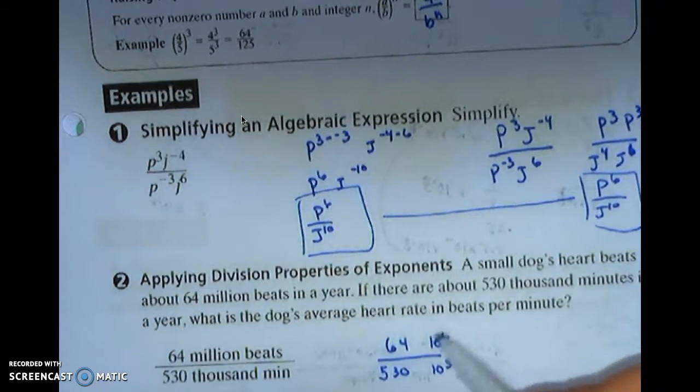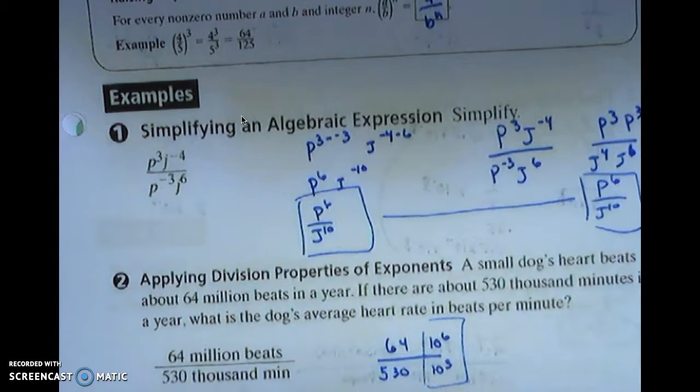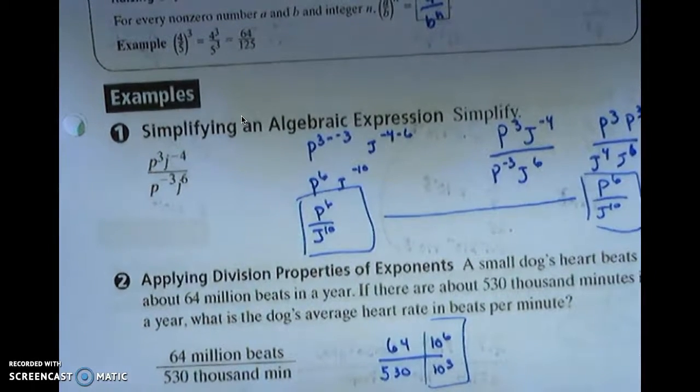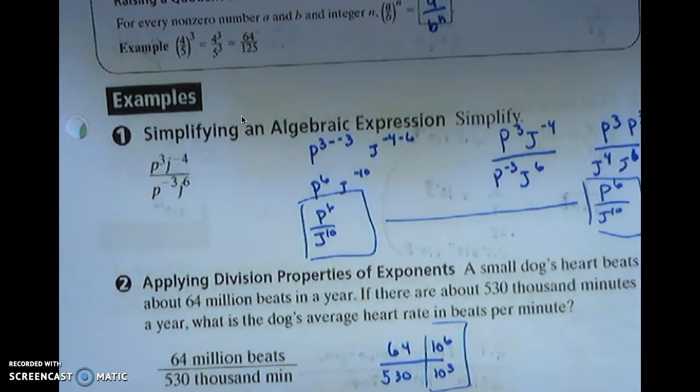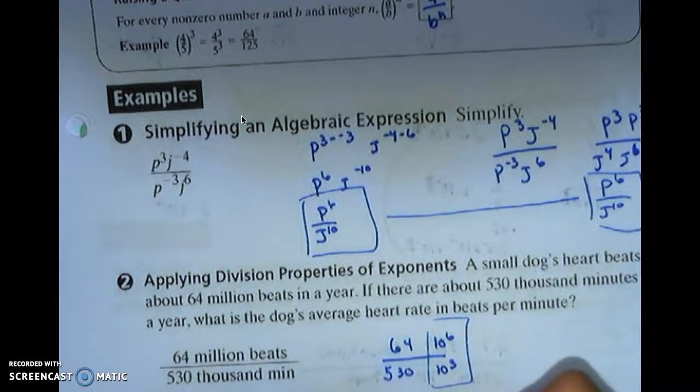Now, with our exponents here, we can use that rule that we just talked about up at the top and subtract, and we get 10 to the third. 6 minus 3 is 3. Then with our calculator, I don't know how many of you can take 64 and divide it by 530 in your head, but you get the decimal 0.1207.